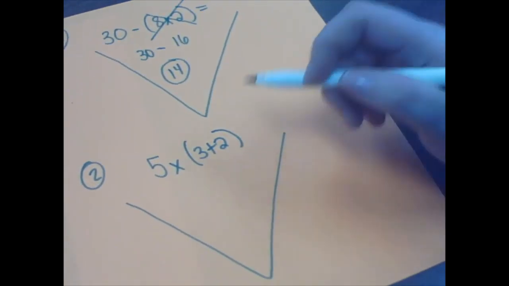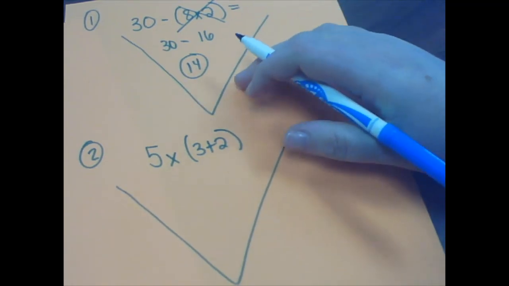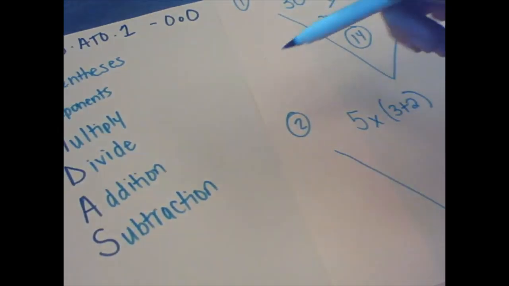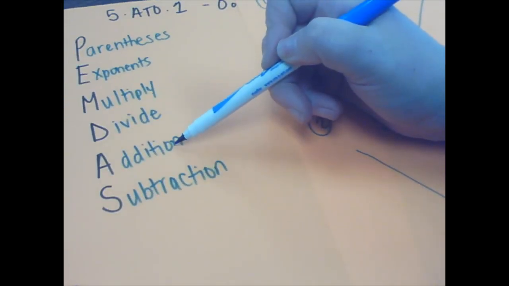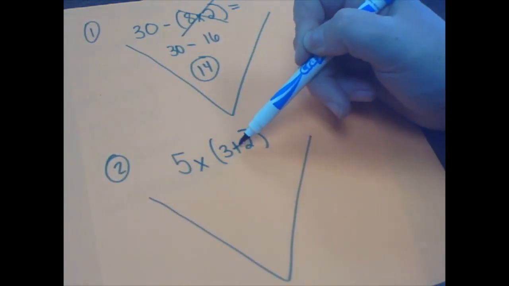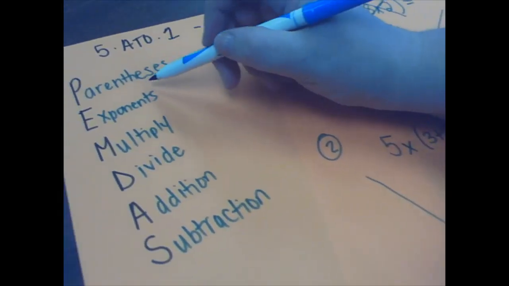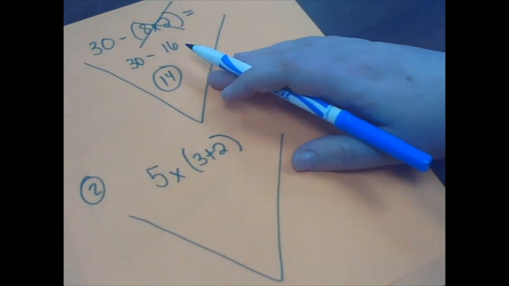So I need to solve what's in parentheses first. 3 plus 2. Well, addition and multiplication. Multiplication actually comes before addition, right? So I would think, well, I actually need to multiply before I add this, but that's not correct. I need to do what is in the parentheses first, no matter what the operation is.